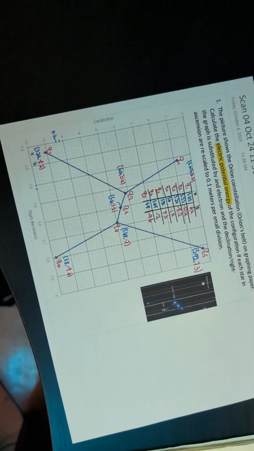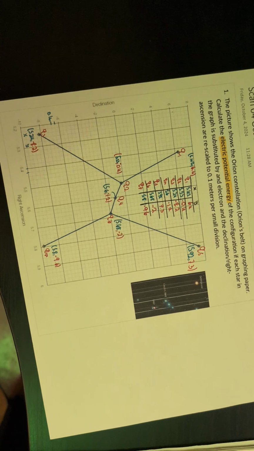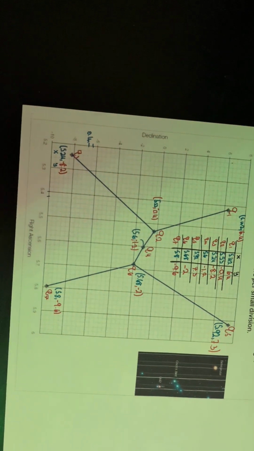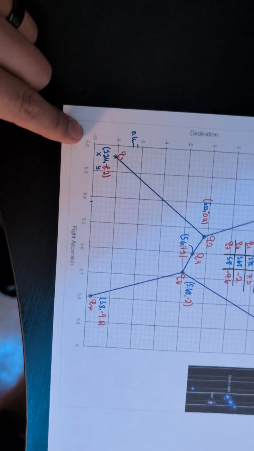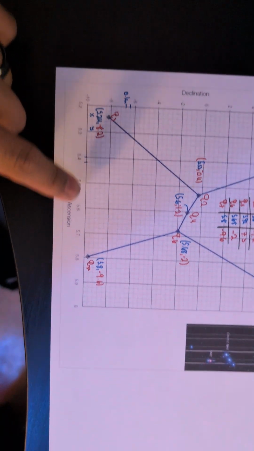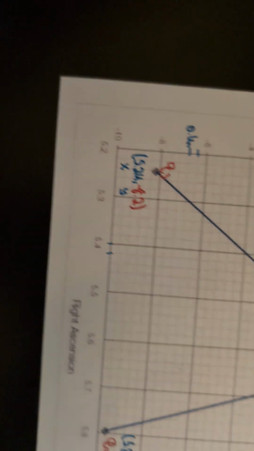Okay, so I did most of this on a computer. It was easier to see where they were at. So each of these little subdivisions is 0.1 meters, right? So in between each one of these, there are one, two, three, four, five more smaller subdivisions.